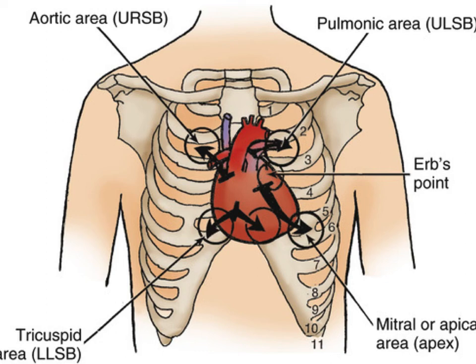In infants, it's generally in the fourth intercostal space, and it migrates down to the fifth intercostal space during childhood. And then you want to auscultate in all these areas as well.